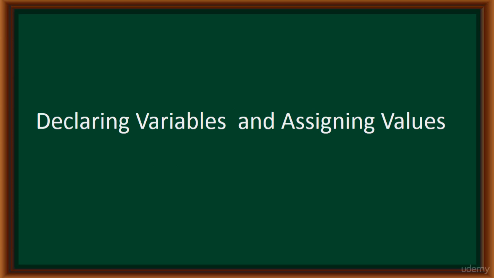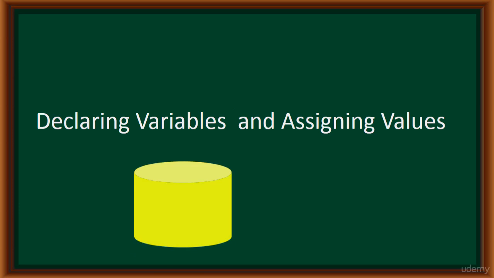Let's have a look at how you declare variables and assign values to them. We've already tried this in our lecture where we created the web form. So let's see how we do that. A variable is a container to store a value. A variable will store a single value. So for example, let's say this is our container here.